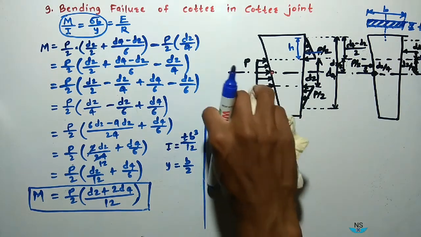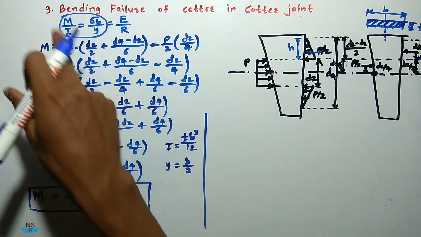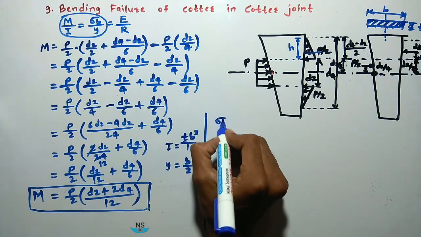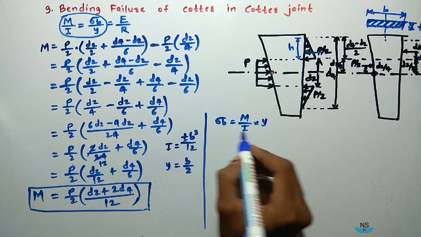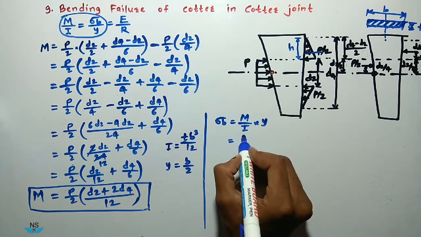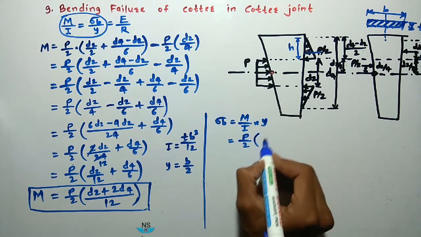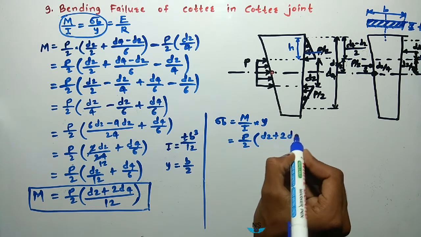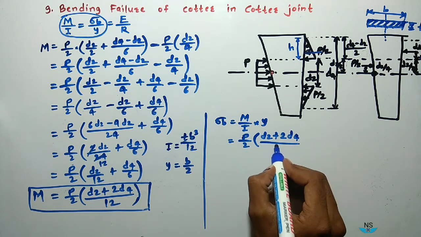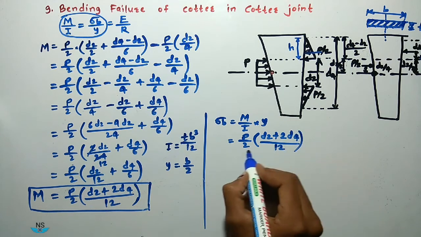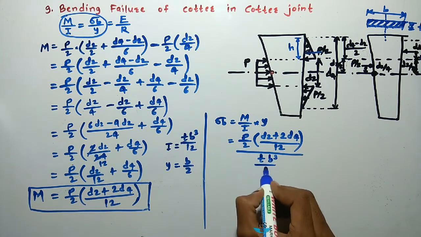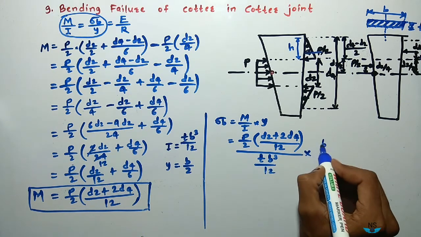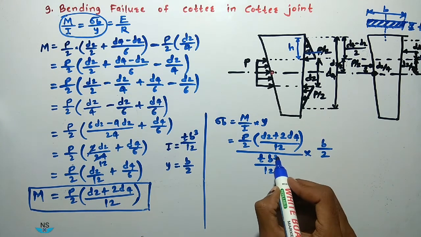We require sigma b. So sigma b is equal to M divided by I into y. So M is P by 2 into (D2 plus 2 D4) divided by 12, divided by I, which is T B cube divided by 12, into y, which is B by 2.